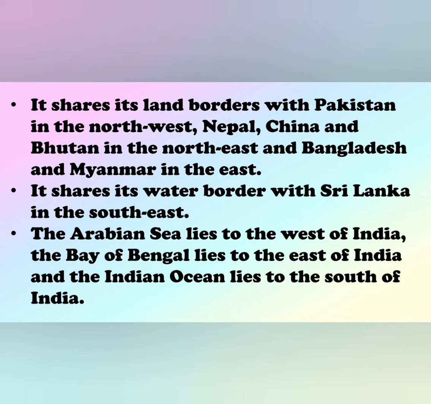Next, the Arabian Sea lies to the west of India, the Bay of Bengal lies to the east of India, and the Indian Ocean lies to the south of India.